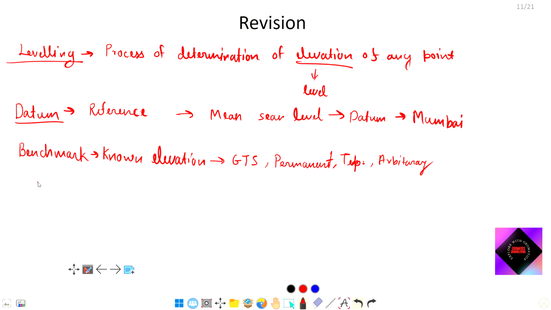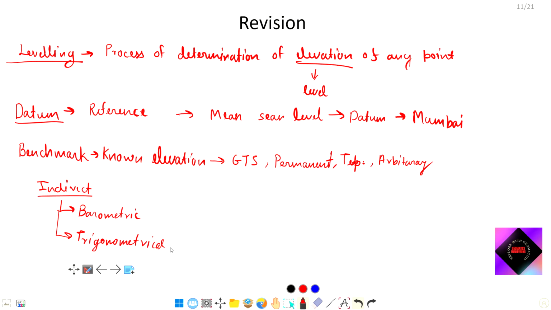And after that we have seen there are several ways to do leveling. So first one is indirect method. In indirect method we have seen barometric leveling and trigonometrical leveling. In barometric leveling, with help of pressure distribution, because atmospheric pressure is a function of height, we calculate the height of several points.